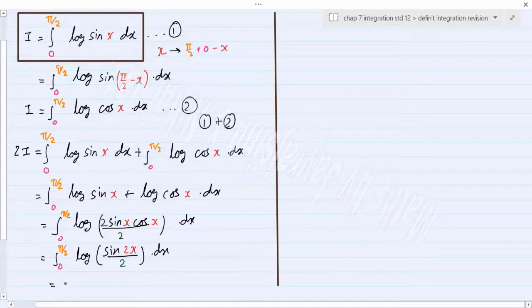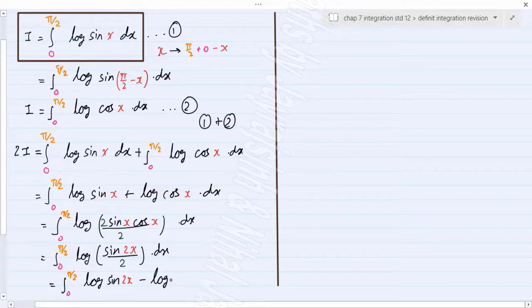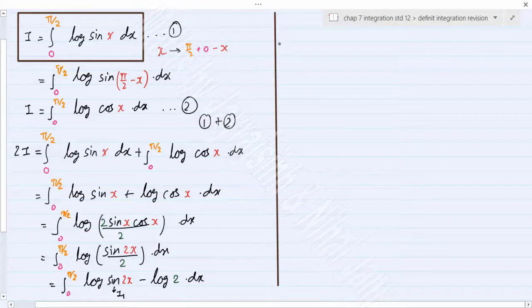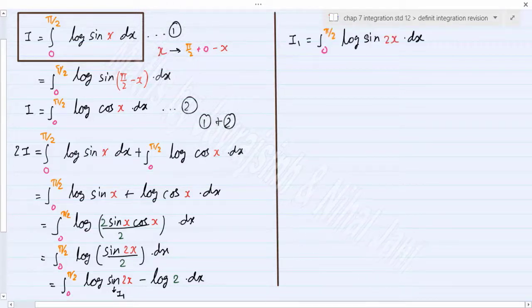So again, let's apply the formula of log. We will get log sin 2x minus log 2, dx. Let's assume the first term as I1. As you can see, in I1, the only difference is 2x and x within the angle of sine, right?